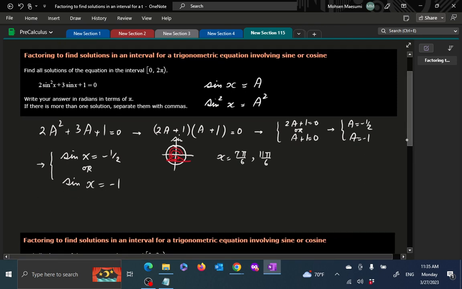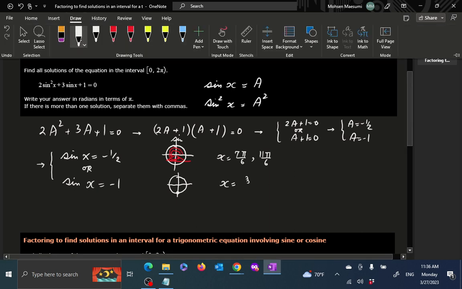The other one, sine of x is equal to minus 1. And minus 1 is right here. So one angle shows up, and that is 3 pi over 2.